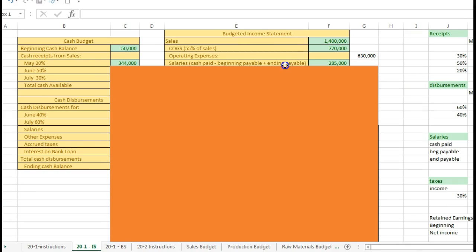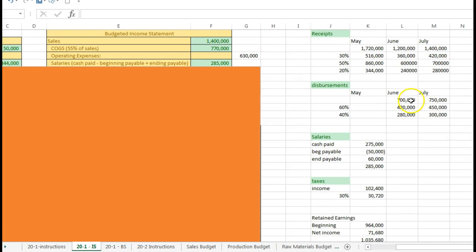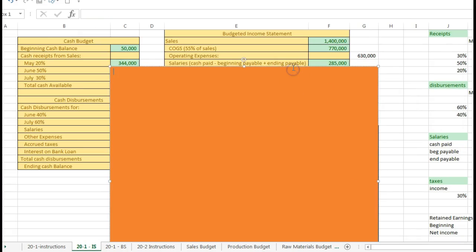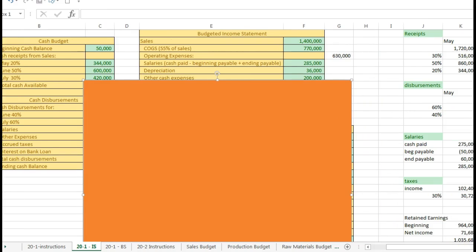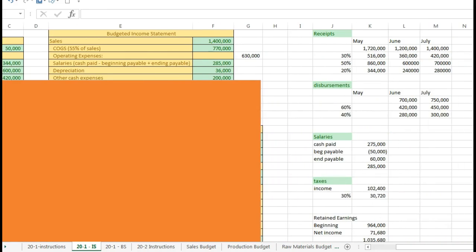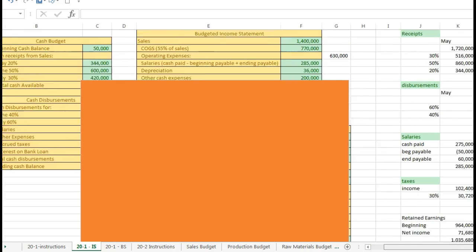So I've got 20% from May, and if I go back and I look, I see that, okay, this is the second month for June, so I should get $600,000. And so that's my next entry. And finally for June, I'm getting 30% of the $1,400,000, which is $420,000.